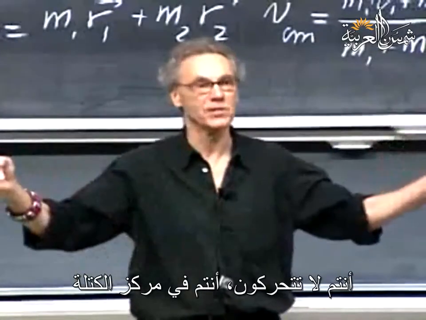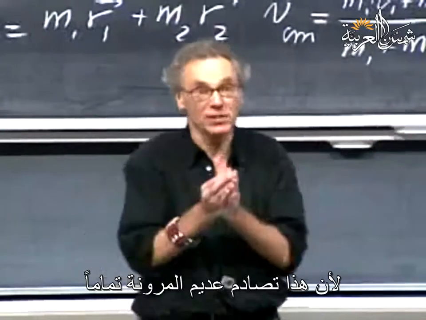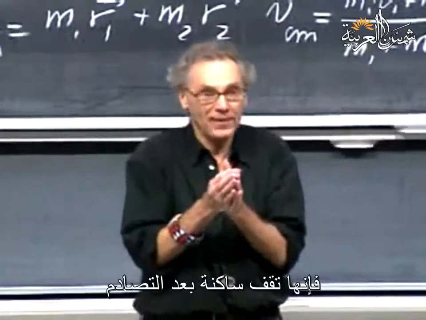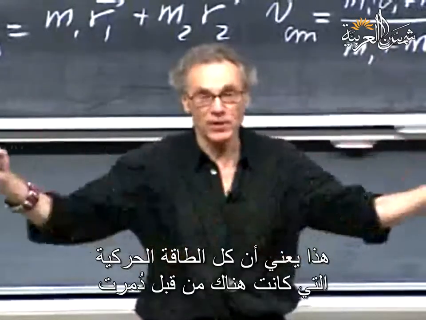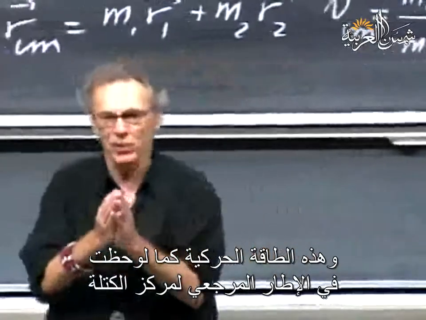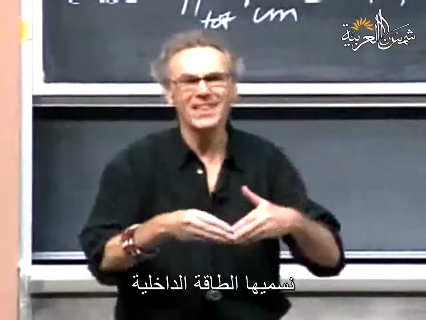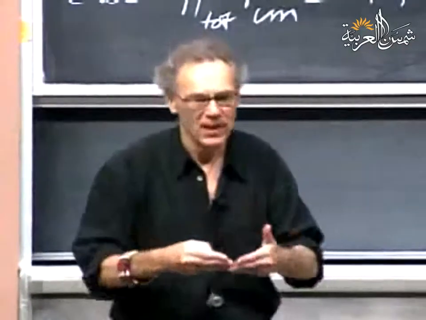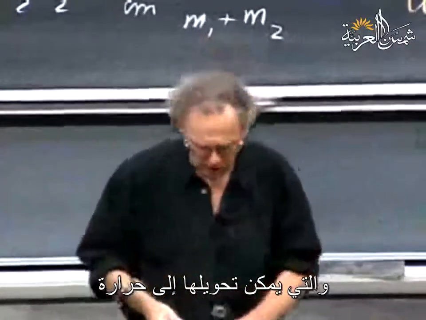They get stuck together, because it's a completely inelastic collision. If they get stuck together, after the collision, they stand still. That means all kinetic energy that was there before is all destroyed. And this kinetic energy, as observed in the center of mass frame, we call the internal energy. And that is the maximum energy in a collision that can ever be converted into heat.